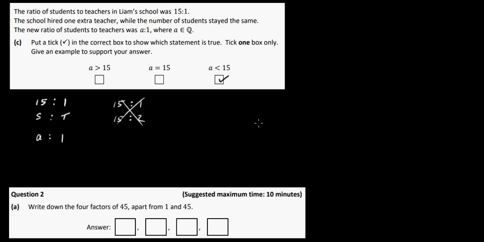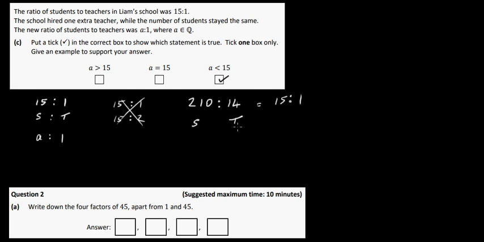So let's say there are 210 students. So this is the number of students, and that would mean there are 14 teachers. So that will give you a ratio of 15 to 1 when you simplify it.